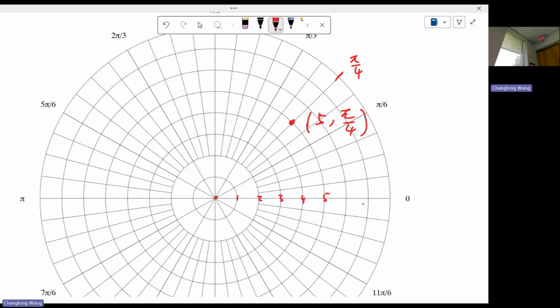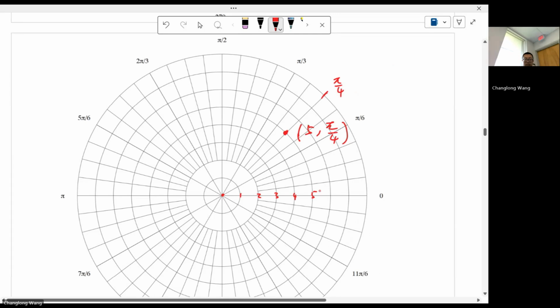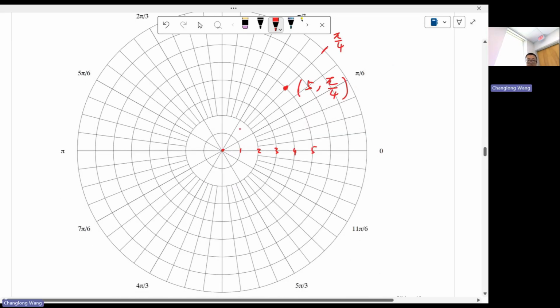It's hard to tell, maybe somewhere here: 1, 2, 3, 4, 5. If I had a straight edge, I could show you that it's exactly on the opposite side of the pole. So that point is negative 5 comma pi over 4.